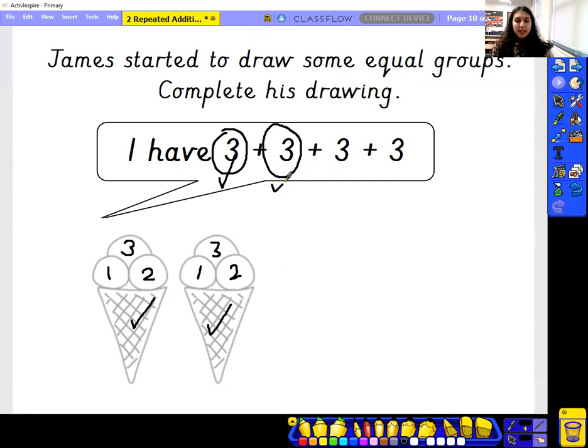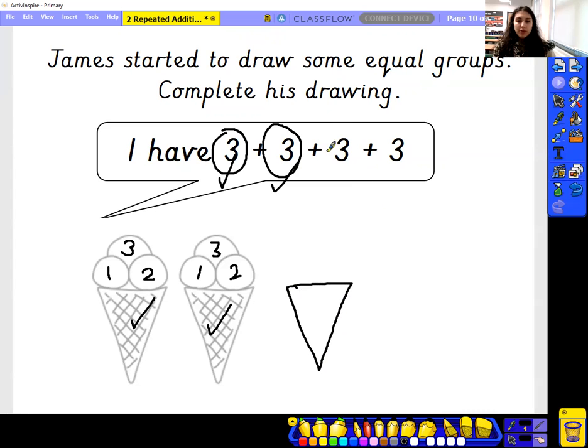So what's missing then from my representation? Remember, my groups must be equal. So what do you think I need to draw to finish off this representation? Lovely, I need to draw myself another ice cream cone with 3 scoops on.